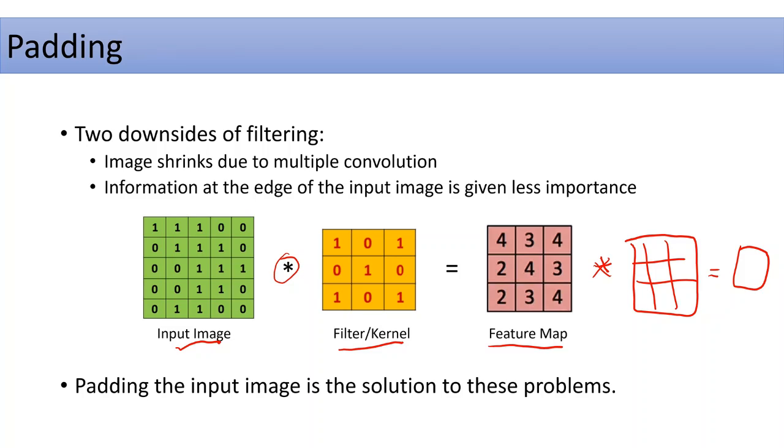The other drawback is that the information at the edge, like this or this, only is given less importance. This is because this part is only taken into consideration in this block.